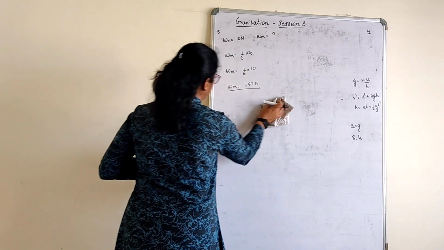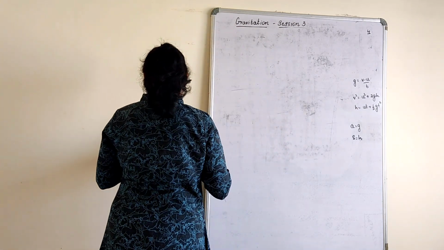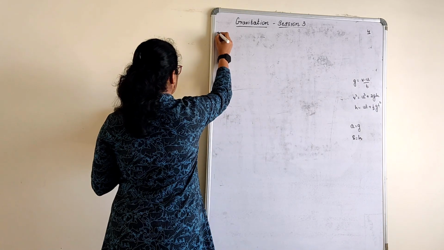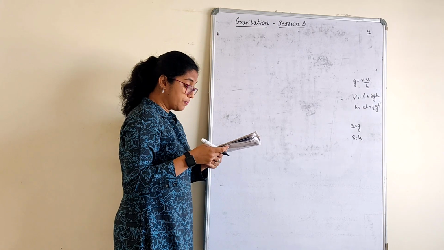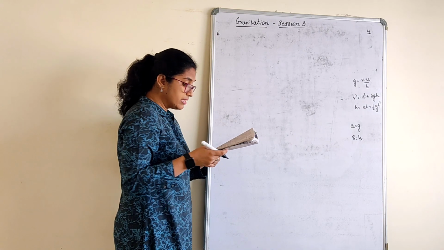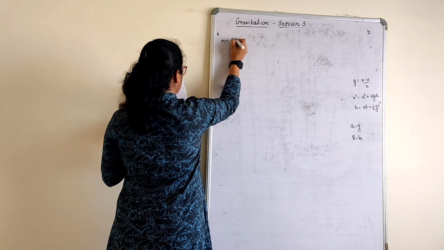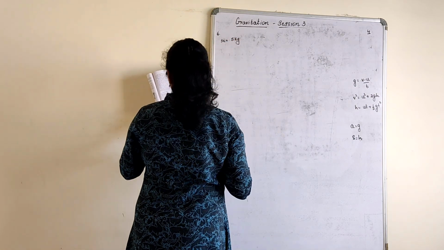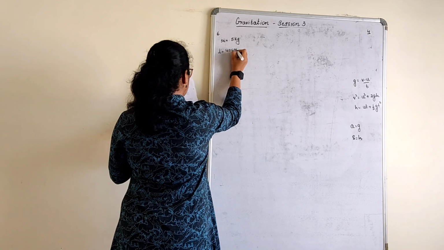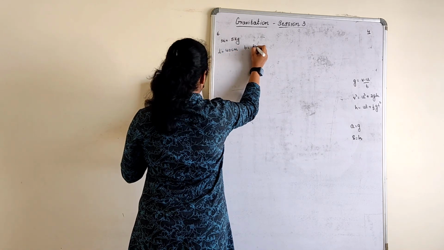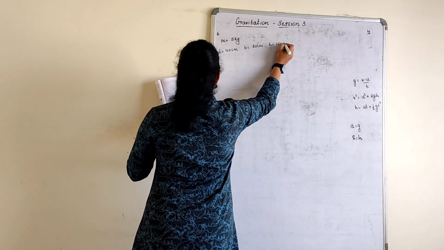Sixth one. It's on the pressure. A block of wood is kept on a tabletop. The mass of wooden block is 5 kg. And its dimensions are: length is equal to 40 centimeter, breadth is equal to 20 centimeter, and height is equal to 10 centimeter.